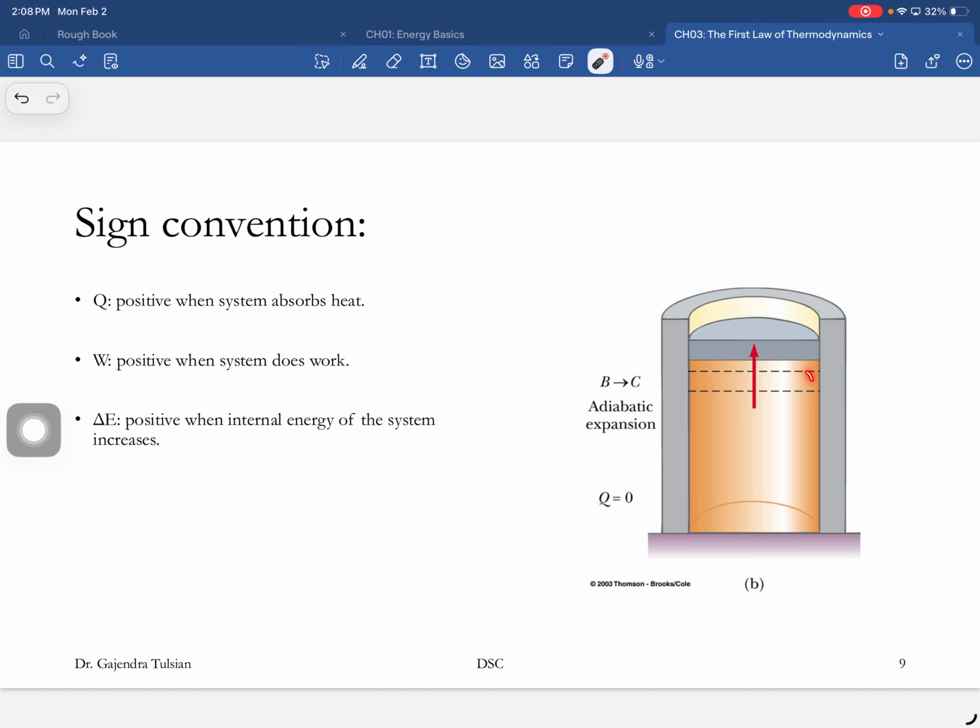You put in the air fuel mixture, you compress it, light it up, and then get work out of it. Then you exhaust, but then again you recharge it with the air gas mixture. You're going through the cycle. So all your systems go through cyclic processes.